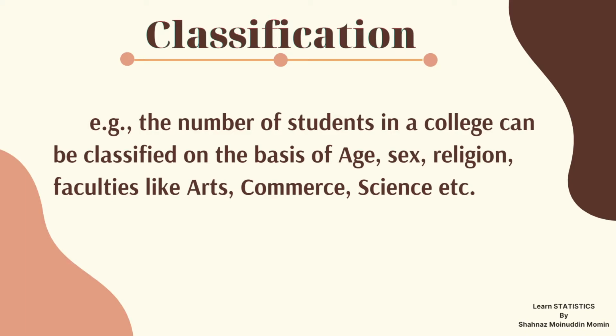For example, the number of students in a college can be classified on the basis of age, sex, religion, faculties like arts, commerce, science, etc.